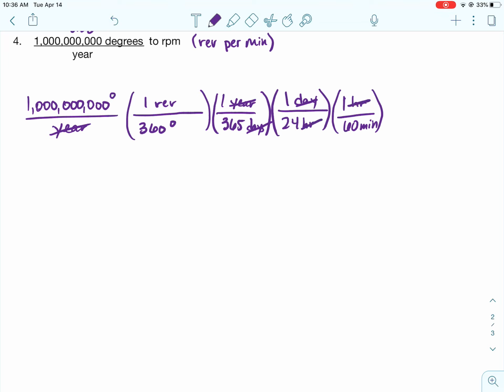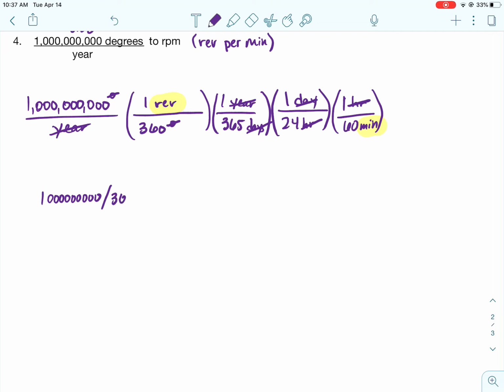So that'll cancel days. And I know how many minutes are in an hour. And since hours was in the denominator, to cancel it, I have to make sure I put hours in the numerator. Okay, so then degrees canceled, I didn't mark it out. So that means I'm left with revolutions per minute, which is what I wanted.